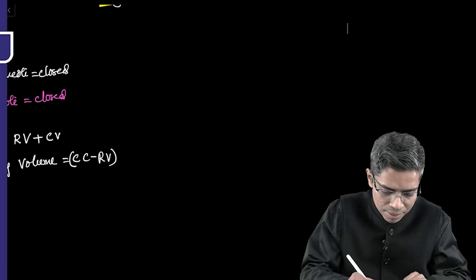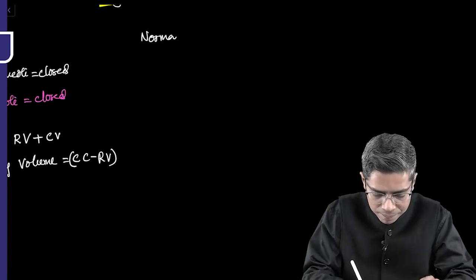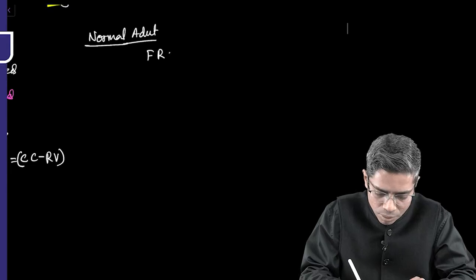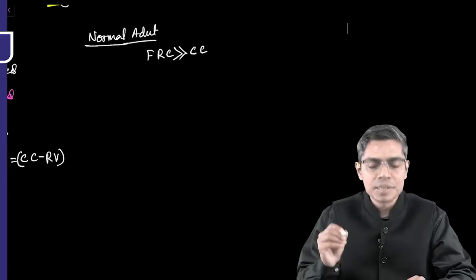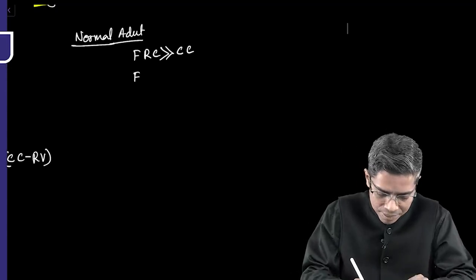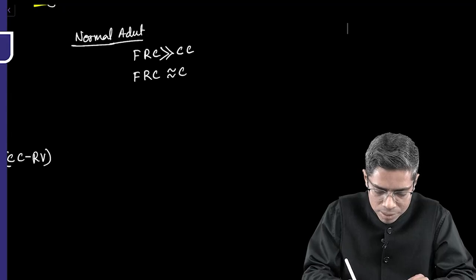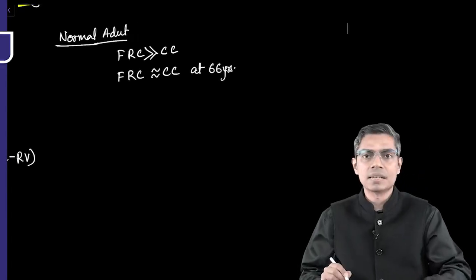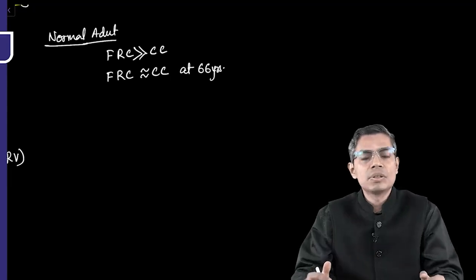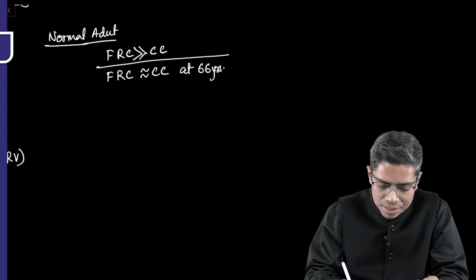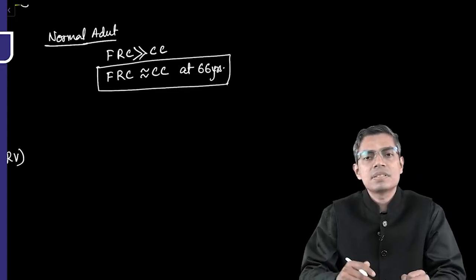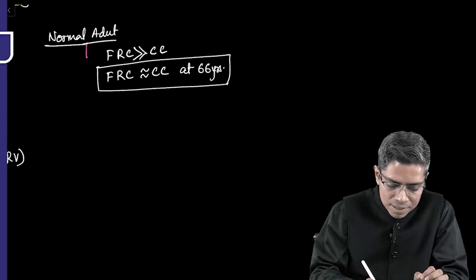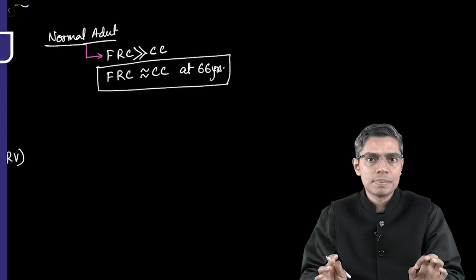I'm writing that for a normal adult person, FRC is always greater than closing capacity, and FRC becomes almost equal to closing capacity at the age of 66 years. So I can understand that closing capacity gradually increases with progression of age, and when the subject reaches the age of 66 years, the FRC is almost equal to the closing capacity. But for a normal adult person, FRC is much greater than closing capacity.